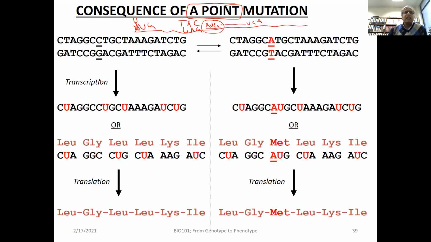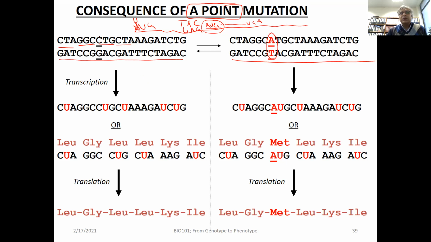And what is the consequence of mutation? For example, look at this sequence, CTA, GGC, CTG, CTA. It's 100% the same sequence, this one and this one, with the exception of this mutation. This is in one individual. In the other one, it has become CAT.